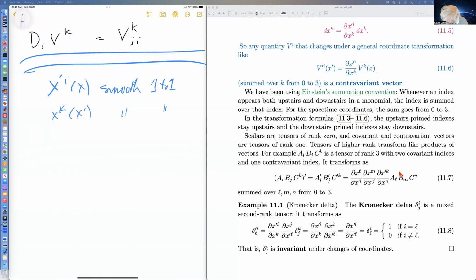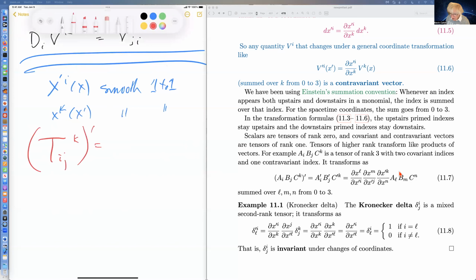So in other words, if we had an arbitrary tensor, any tensor, every tensor, so let me go back and use red. So a tensor T, and in this case it would be T prime ijk, would transform just this way.